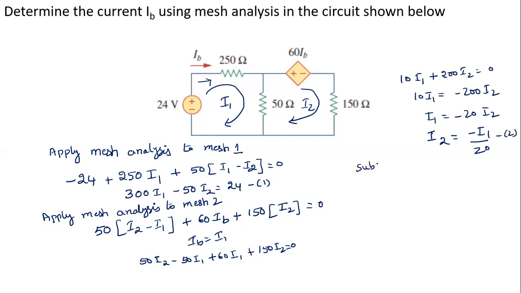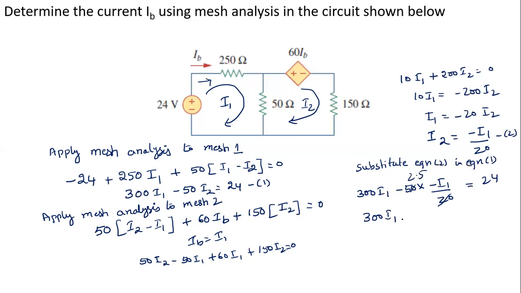Now substitute equation 2 in equation 1. Now 300 I1 minus 50 into I2, which is minus I1 by 20, equals 24. So this will become 300 I1, minus into minus gives plus 2.5 I1, equals 24.